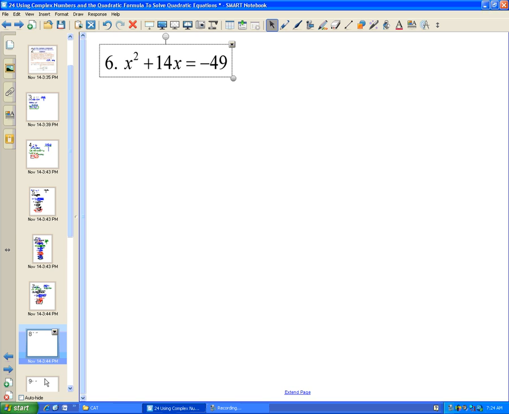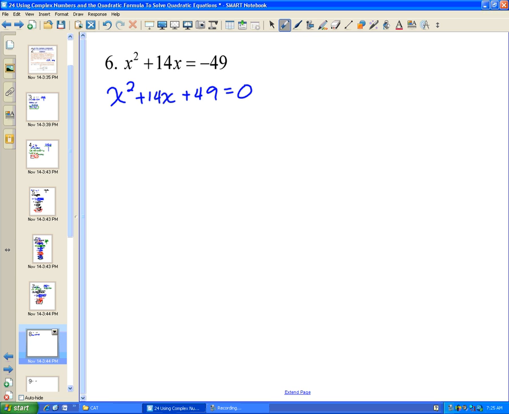x squared plus 14x minus 49. Again, I want to solve this, make it equal 0, so plus 14x, add 49, so plus 49 is equal to 0.